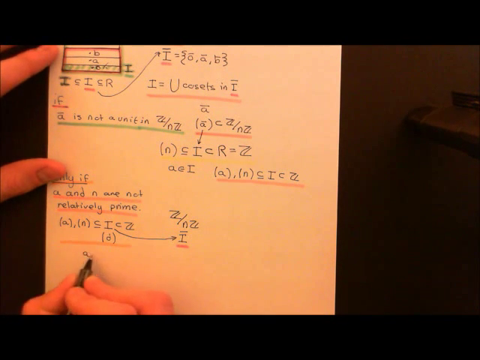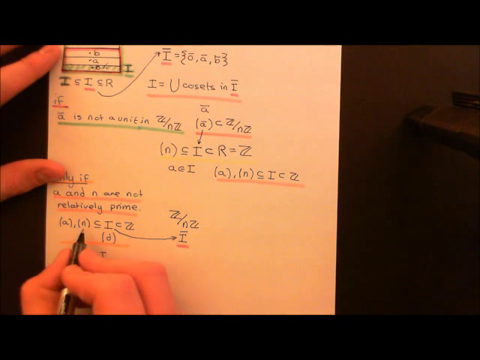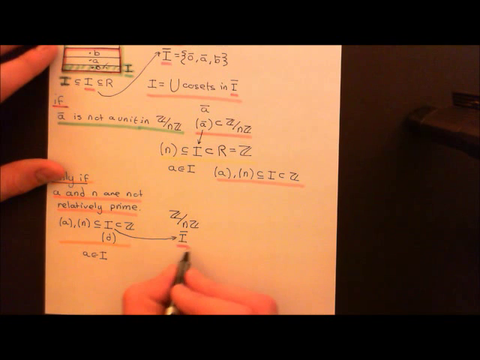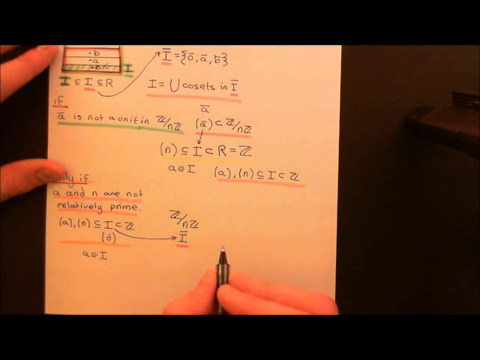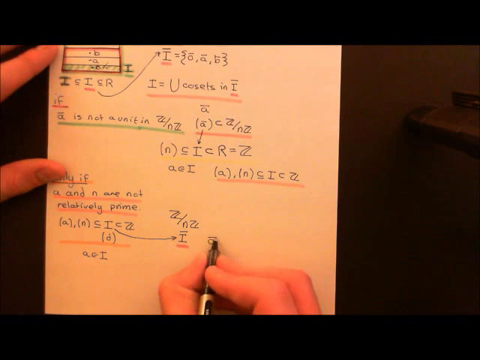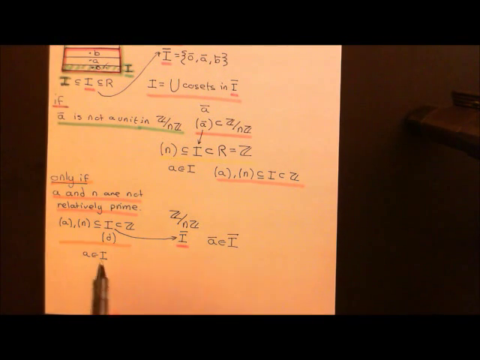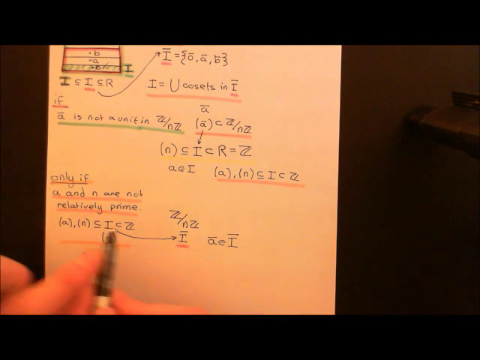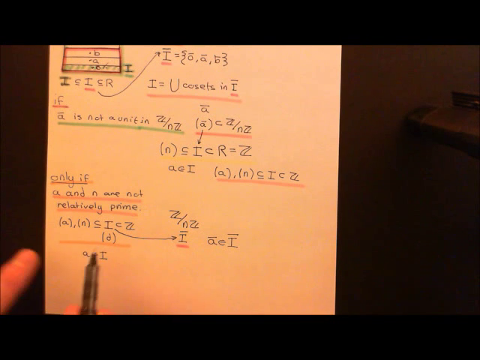So specifically, A is going to be contained within this ideal. A will end up in the coset A bar. So what I can specifically say is that the coset A bar is going to end up in my ideal I bar. It must do, because A is in this ideal. So the coset A bar must be over here because of the way I go from this to this by just partitioning this up into the cosets of the principal ideal generated by n.